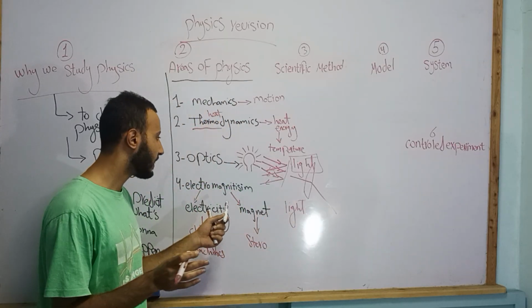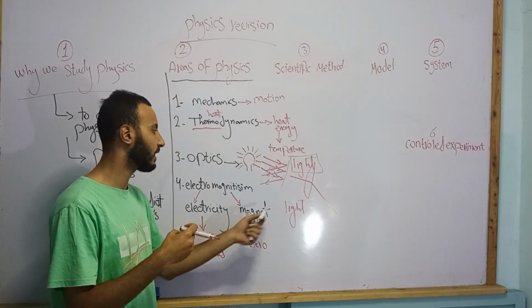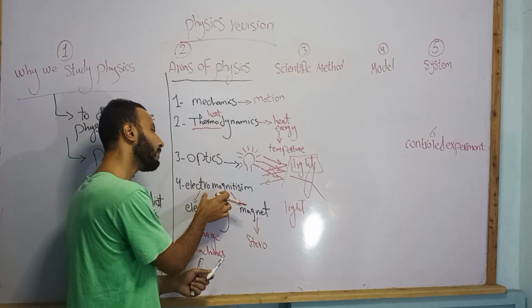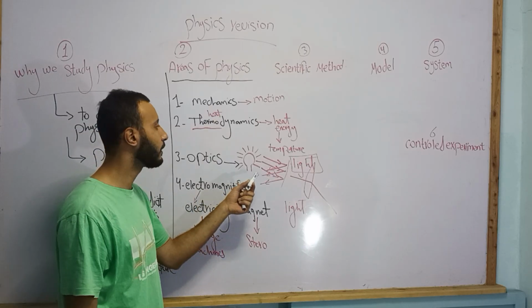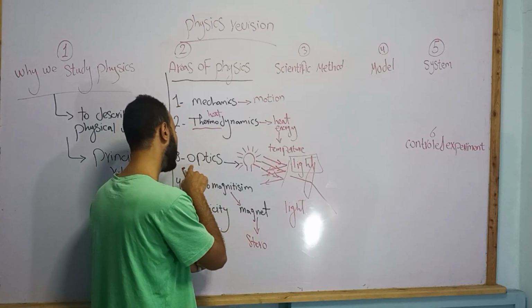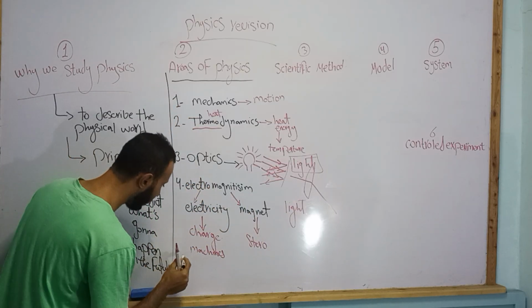So when you mention that you used electricity for generating the light, you will say it's associated to electromagnetism. But if you are describing or using the behavior of the light, you will mention optics.